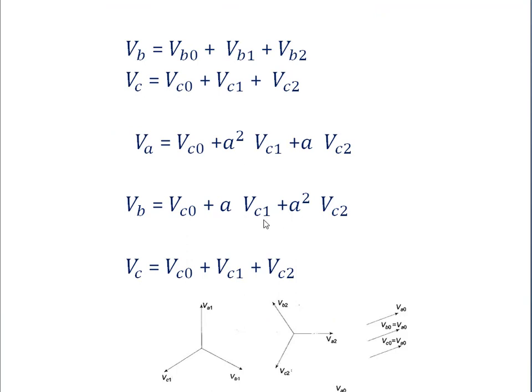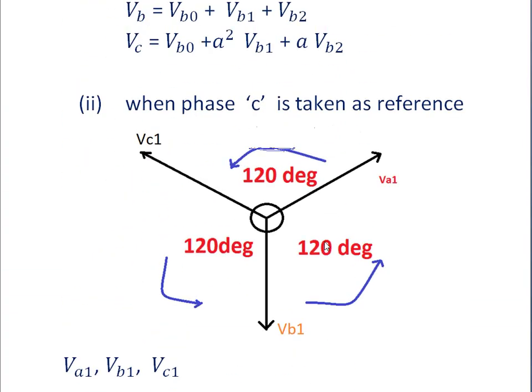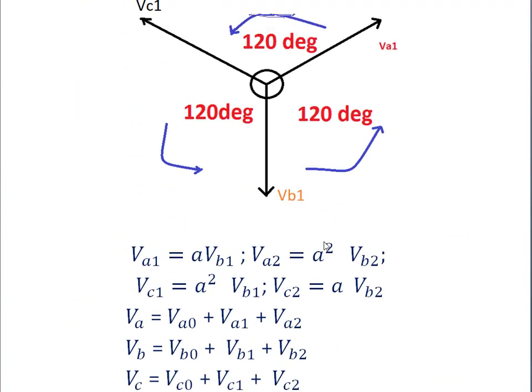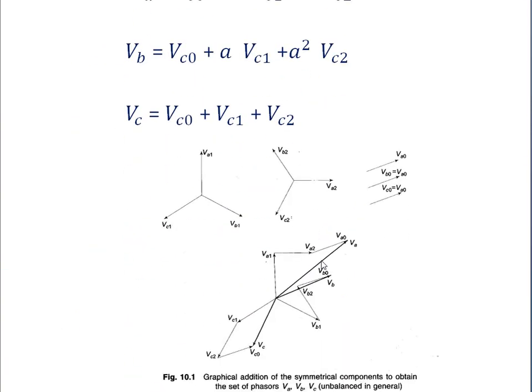So that is what we have written here. Similarly, VC2 we represent with A square VC2. So similar to what I discussed with phase A as a reference vector, here also we can write the equations in terms of matrix form.